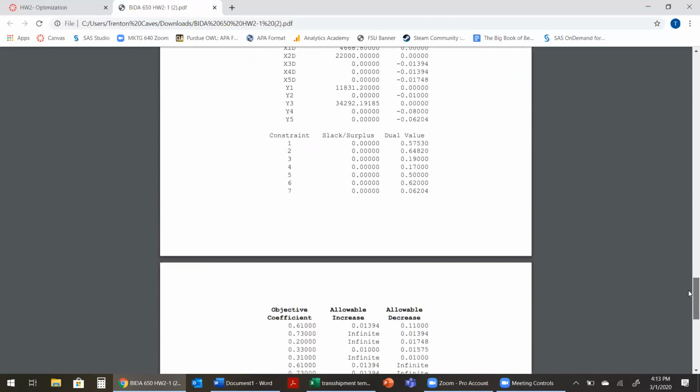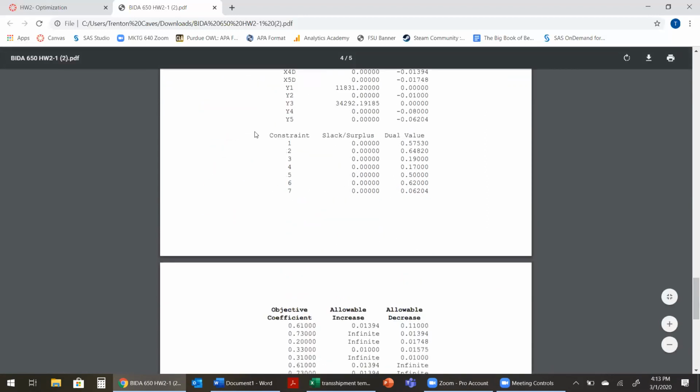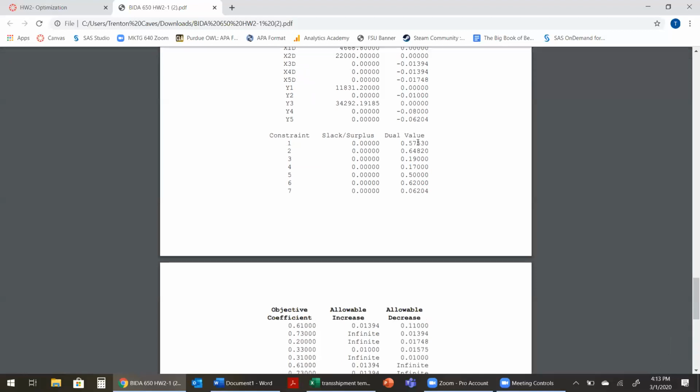These are our constraints, constraint 1 and 2. Our dual value is the amount of one additional unit of the constraint.